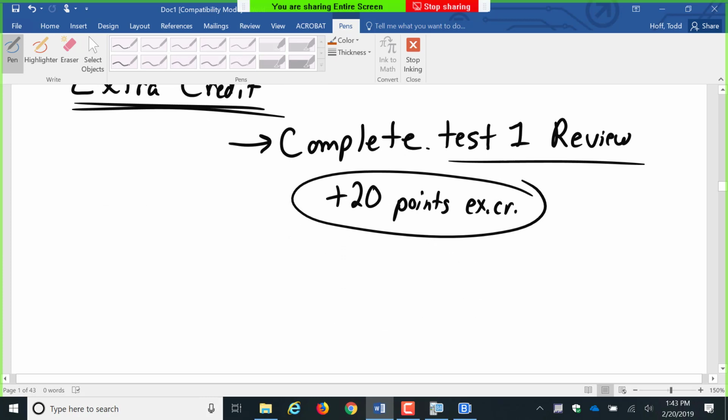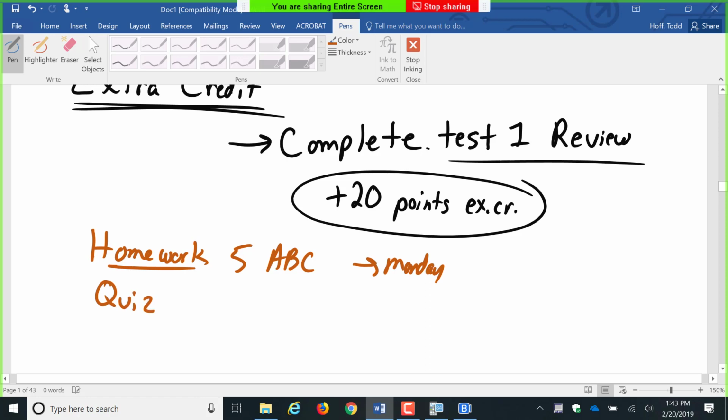Now, even with the test coming up, remember, homework 5, A, B, and C is still going to be due on Monday. And quiz 5 is also still due on Monday.